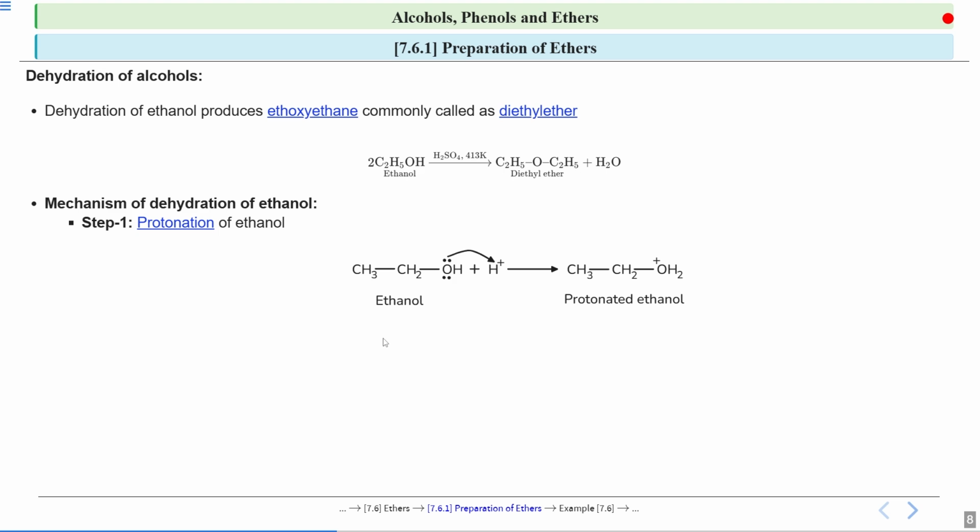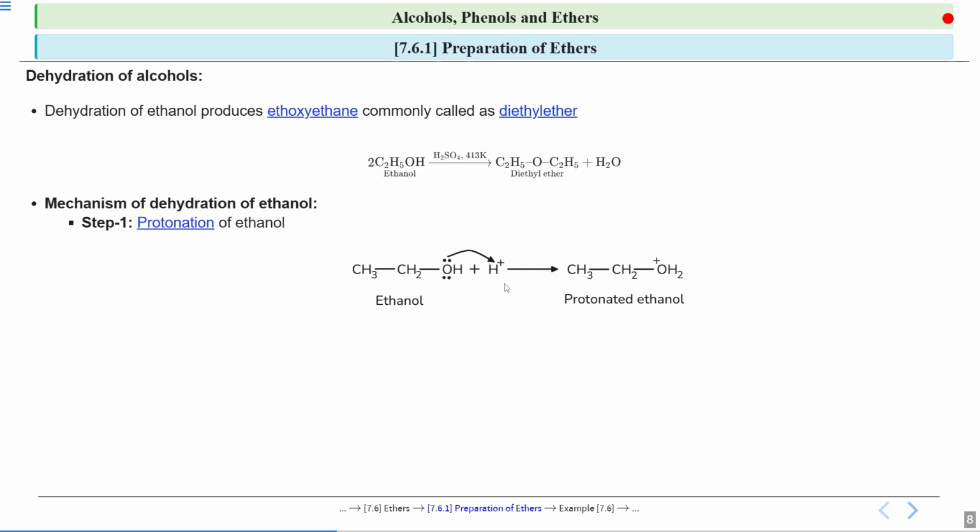So see, this is ethanol, CH3CH2OH. We will protonate this ethanol. From where is this H plus coming? Of course, from a protic acid, that is H2SO4. It readily gives a proton. Now this oxygen has electron density, and this hydrogen has a positive charge.